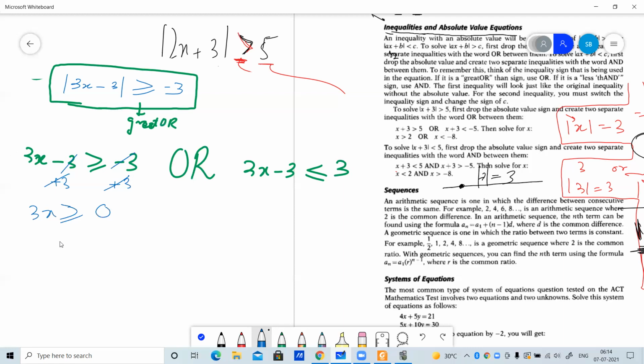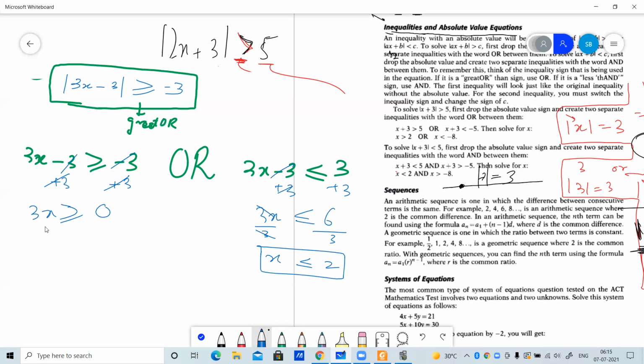And on the other side, add 3 and 3, which is 6. Then divide by 3 to get 2. So you got one inequality as x is less than or equal to 2.